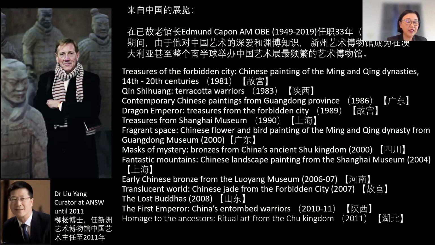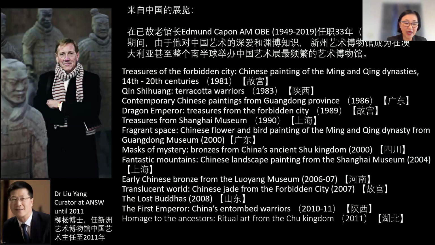After reviewing the history of the long archaeological exhibitions, where you can see a list of them on the screen, I noticed that most of the exhibitions we had concentrated on early China, such as archaeological findings of Bronze Age and the Qing Dynasty.